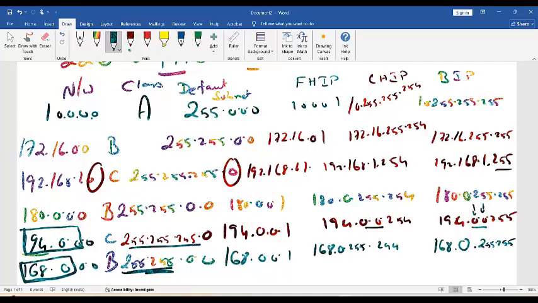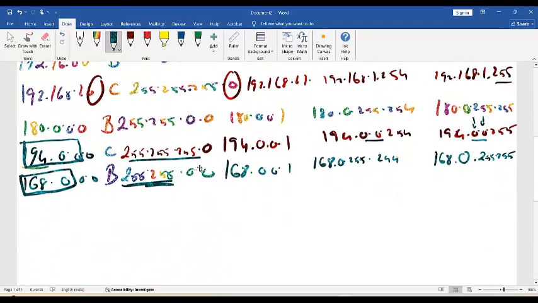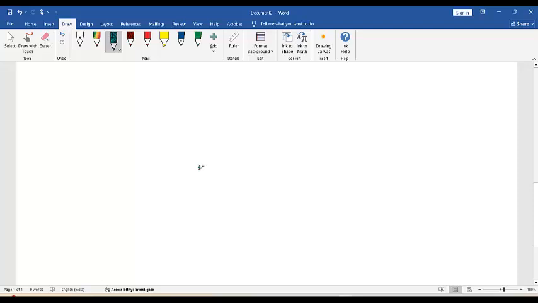Now it's time to get into subnetting. Why do we need to do subnetting? The reason is, in an organization we have various departments.